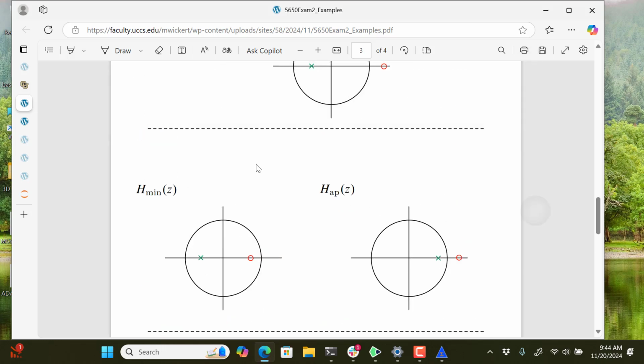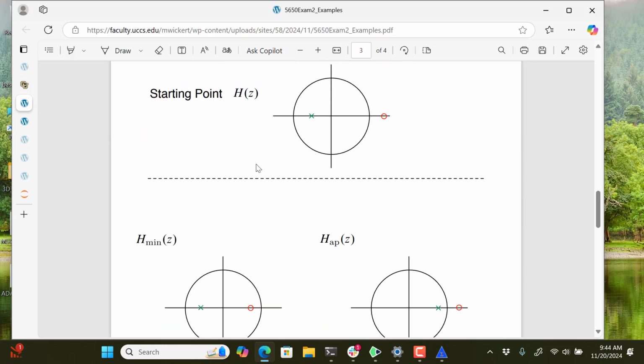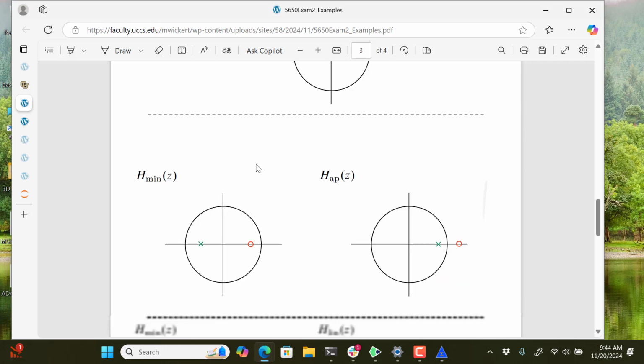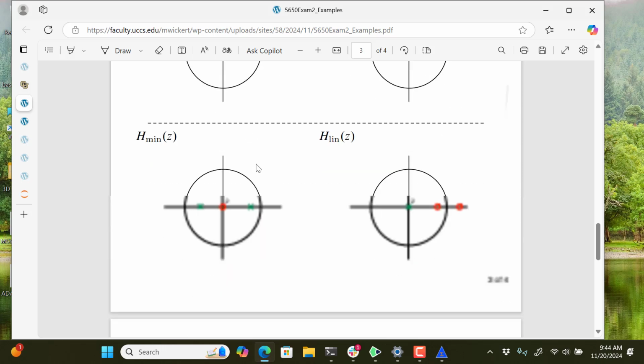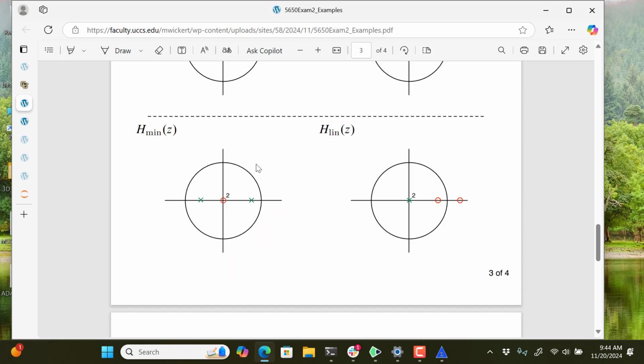So you can see what the game is here, and we're heading towards this right now. We start off with any system. We're first looking at how you can decompose it into a minimum phase and an all-pass system, and then how you can decompose it into a minimum phase and a linear phase system. And this is the last topic, what is a linear phase system?